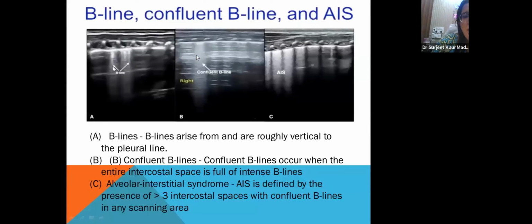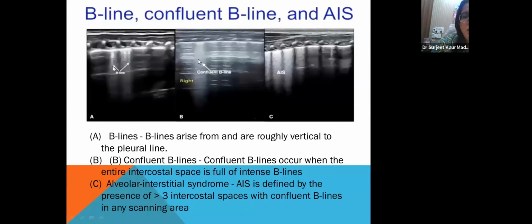But when these B lines coalesce with each other and involve the whole of one intercostal space, this is one rib, this is the parenchyma, this is the intercostal space. So if the whole of one intercostal space is filled with B lines, they are called confluent B lines. If they are well spaced, they are just simple significant B lines.